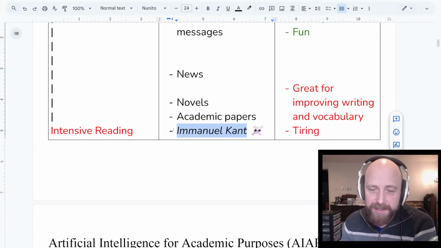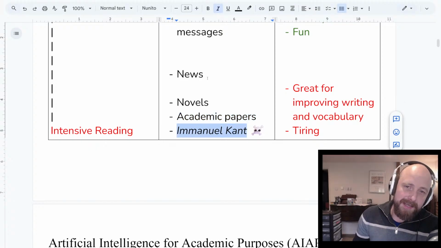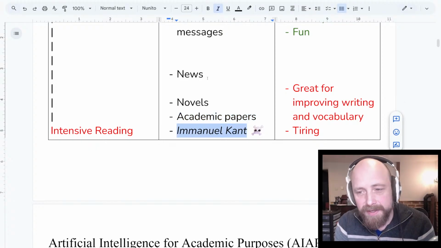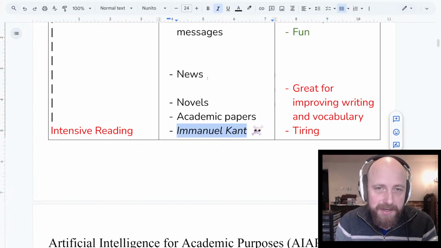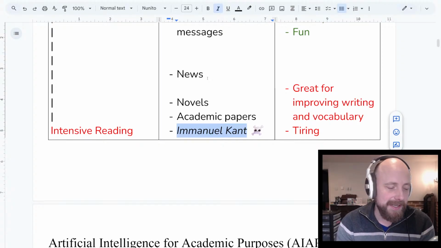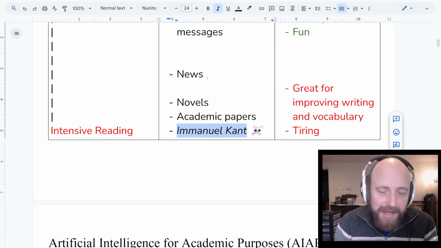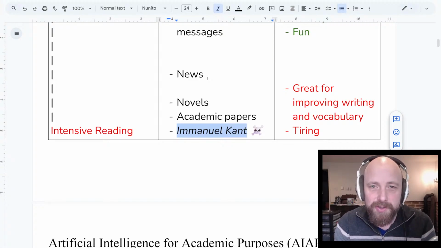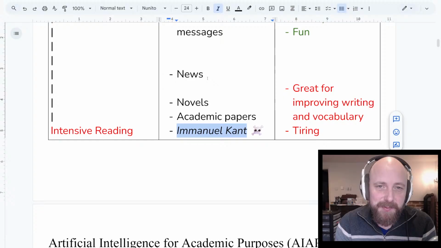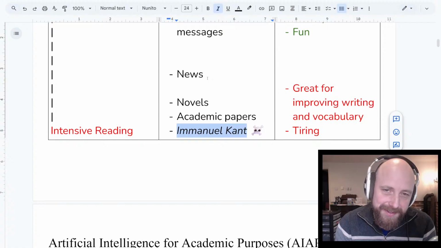And then at the super grandmaster level of intensive reading, you have people like Immanuel Kant and Jean-Paul Sartre, which is almost at the level of tortuous reading, where you have to decipher every sentence with a dictionary of references.